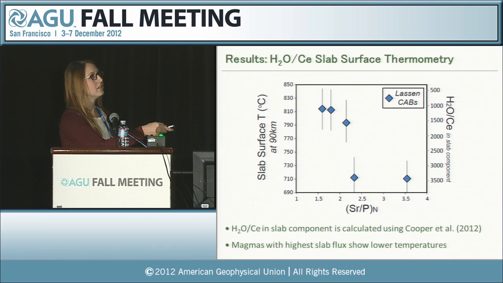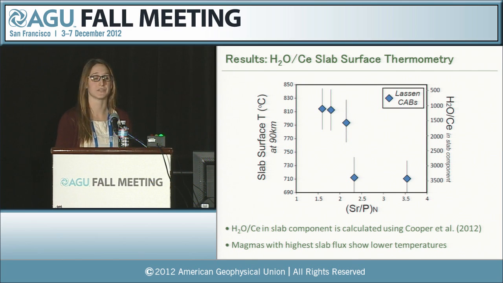You can see that these temperatures overlap with those previously calculated in Central Oregon, which was at about 800 degrees C, and that you also see that some of these magmas have much lower slab surface temperatures than compared to other parts of the arc. And these correlate also, here we have strontium over phosphorus on the x-axis, with these magmas that show the highest slab flux.